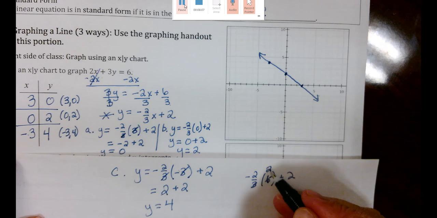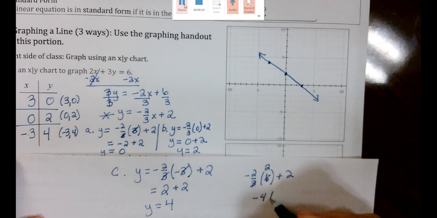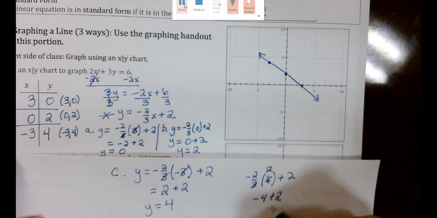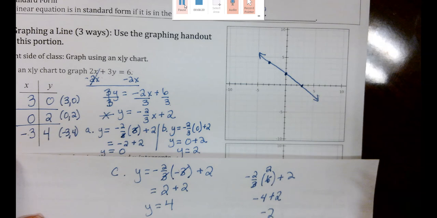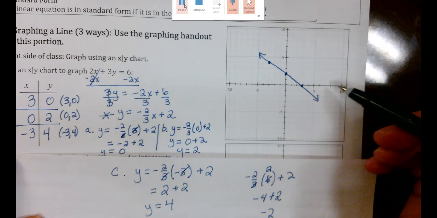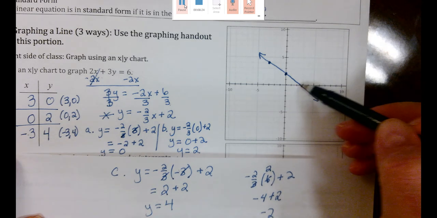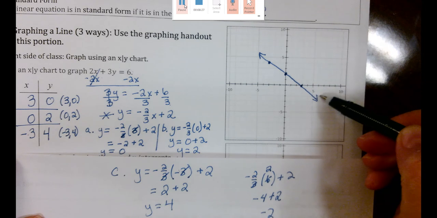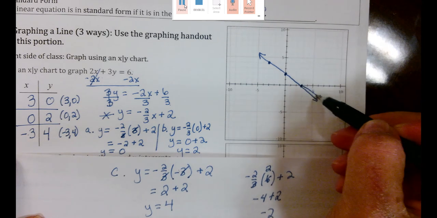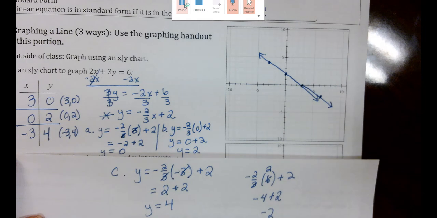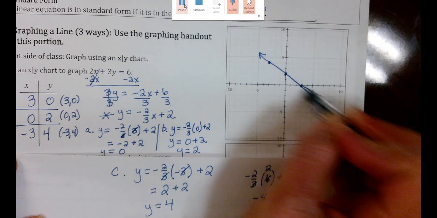And -2 times 2 is -4 plus 2. And that gives me -2. And I would have had the point, again, we plugged in 6. And the y value I got out was -2. Let's see, is this on our line? Let's see. So we've got 1, 2, 3, 4, 5, 6, 1, 2. It's really close. I think if I would have drawn this line a little bit better, it might have gone through the correct way. And that's okay. Again, we're not perfect.